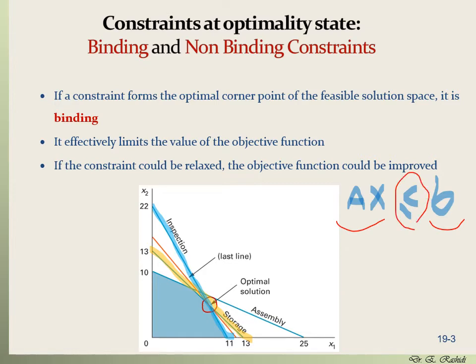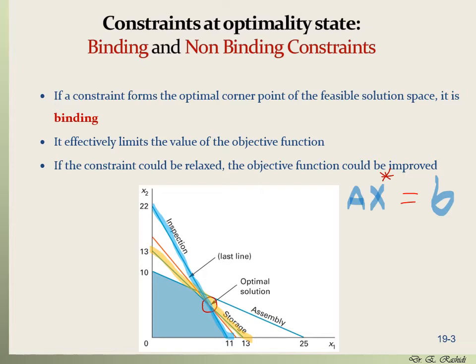At the optimal state, if we have a binding constraint like the storage constraint or the inspection constraint, and you substitute the optimal solution, which I'm going to show by x star, where x star is the optimal solution, into the decision variable, then both sides would be equal to each other. So at the optimal solution, the left-hand side of the binding constraint is equal to the right-hand side of the binding constraint.